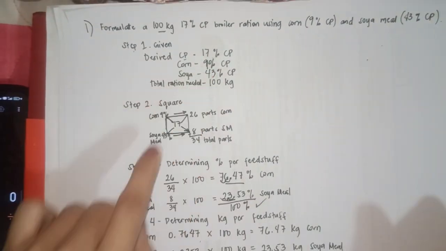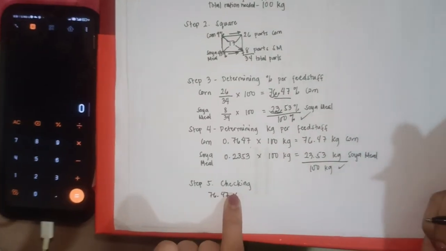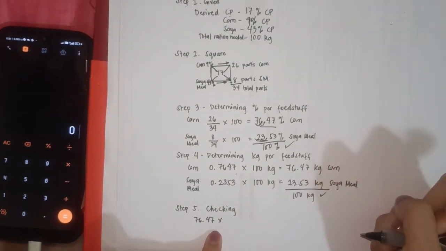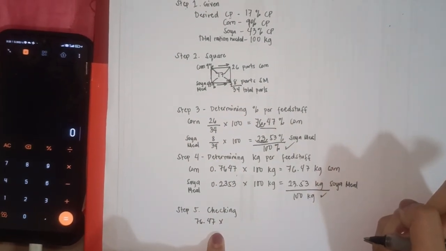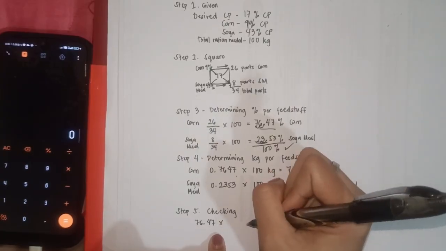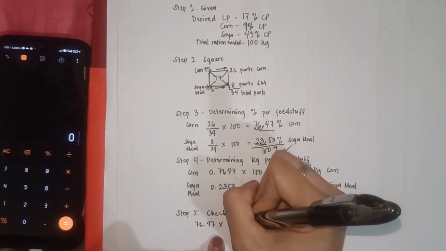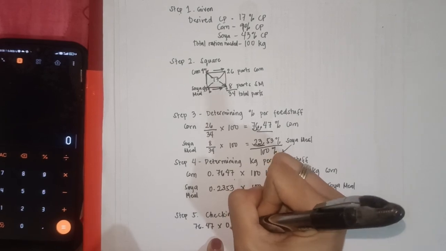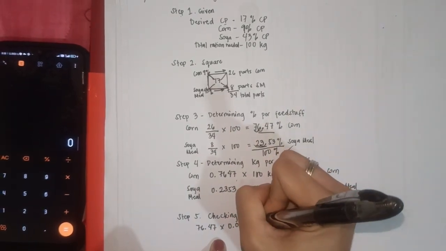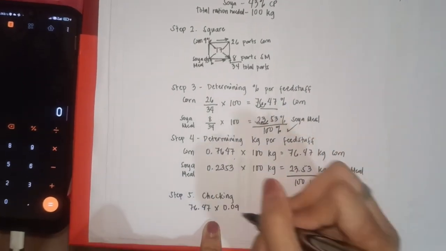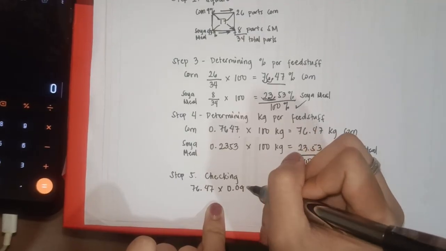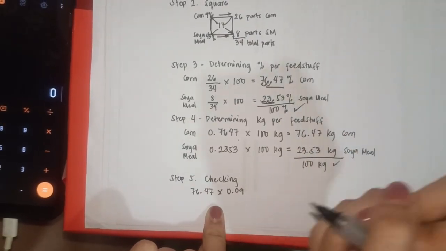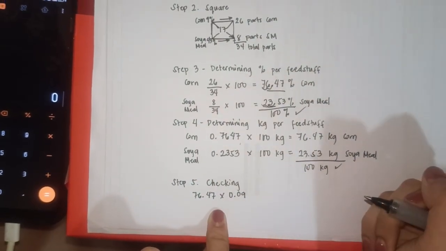So for corn, the crude protein content is 9%, but we have to convert it into decimal again. So 9% is converted into 0.09. If you convert the 0.09 into percent, the answer would be 9%.